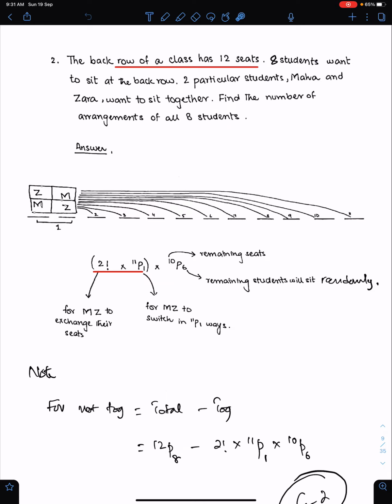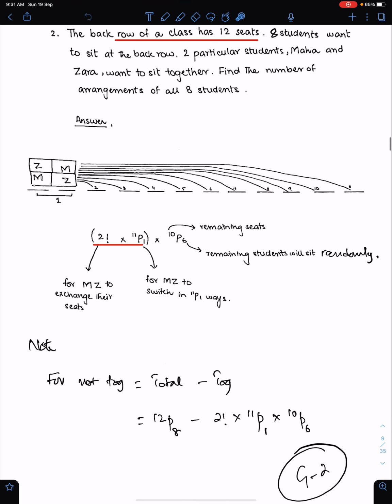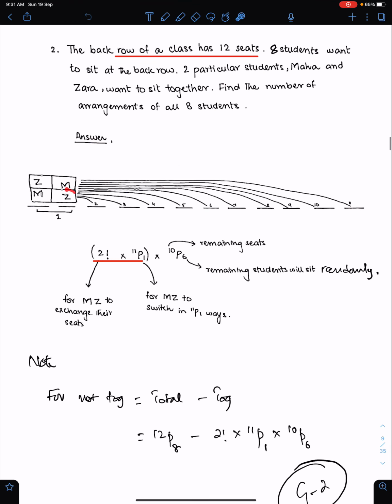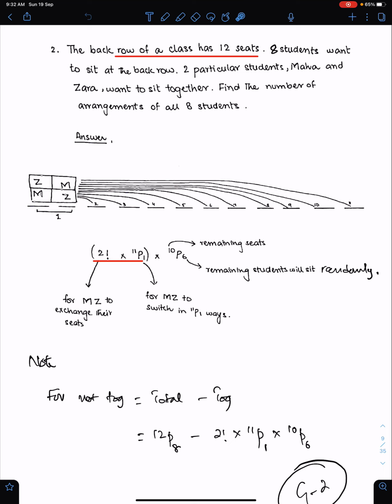This is so simple. We have already done a question of this type here. So for Maha and Zara, you need to write 2 factorial. And I told you if there are 12 seats, then it should be 11P1. There are 11P1 ways for them to switch their places as a group. So this is the first place, second, third, fourth, and 11th.